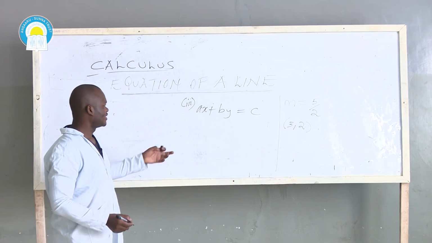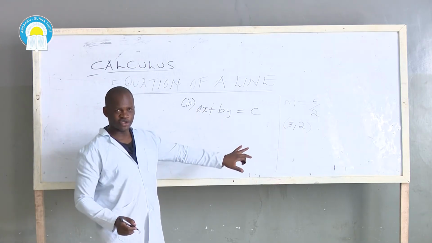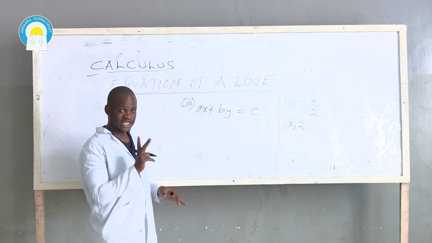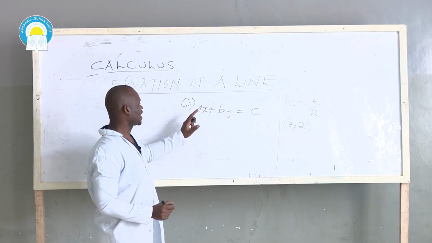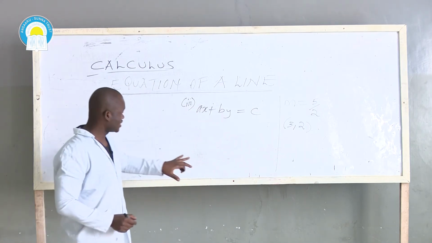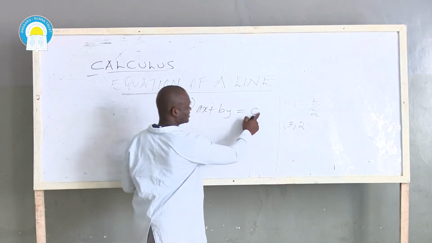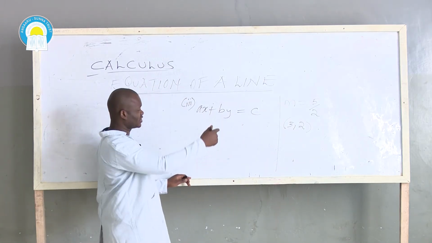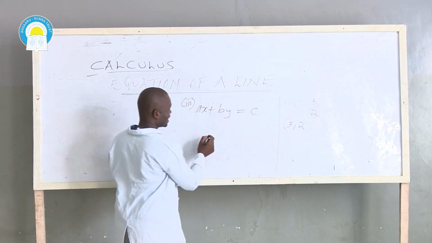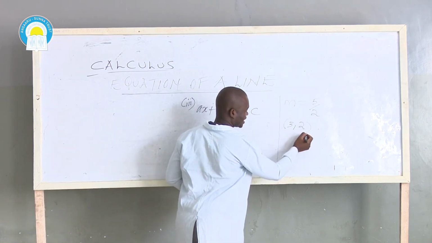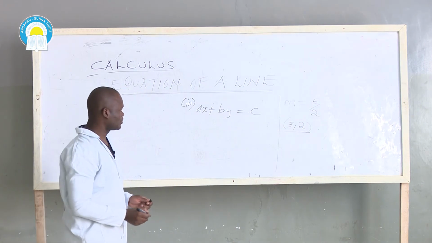Now, having been given that condition, it means we shall have two conditions. Number 1, ensure a, b, and c are whole numbers. Then it means the constant will be on one side on its own. So we are saying the gradient was 5 over 2, the point was (3, 2).